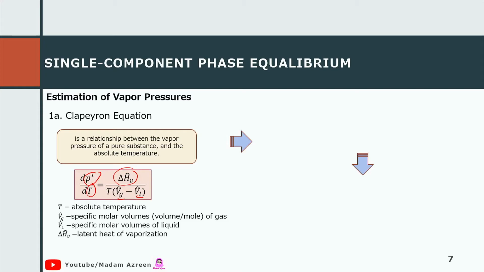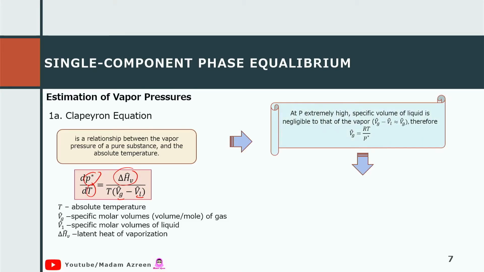At really high temperature and really high pressure, the specific molar volume of liquid is no longer negligible. So some modifications are made, because we consider everything in a gas at really extreme pressure.